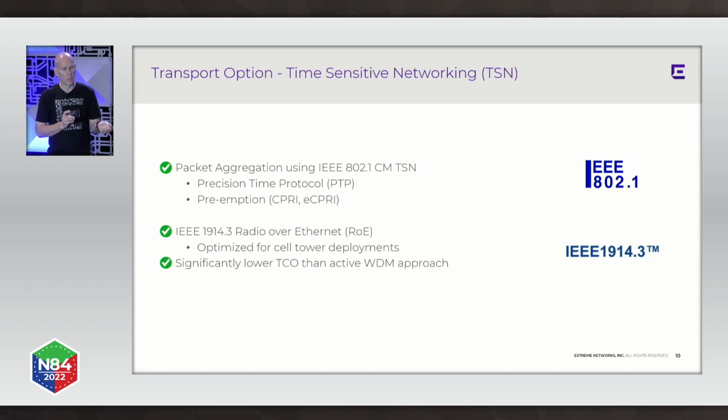Both of these fall under the TSN umbrella defined in 802.1Q, which defines deterministic messaging over Ethernet networks. And we heard about the telco part here with things like preemption, which allows you to blend the Ethernet traffic and CPRI, eCPRI traffic. We also heard about Radio over Ethernet, which is a way of encapsulating the CPRI traffic into Ethernet.